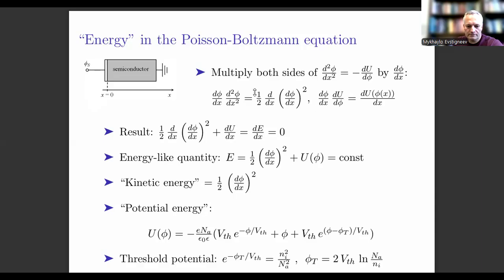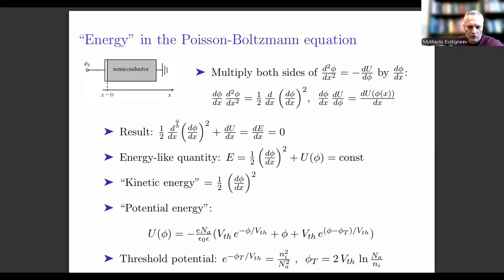So what do we get? This thing equals negative this thing, or this thing plus this thing must be 0. Of course, the sum of derivatives of two functions is the derivative of the sum of these two functions.